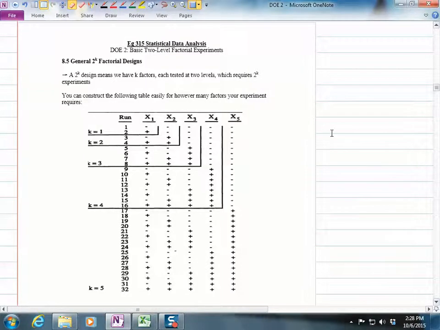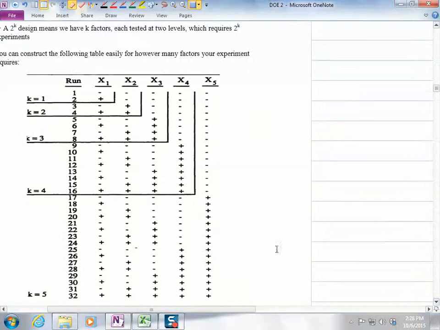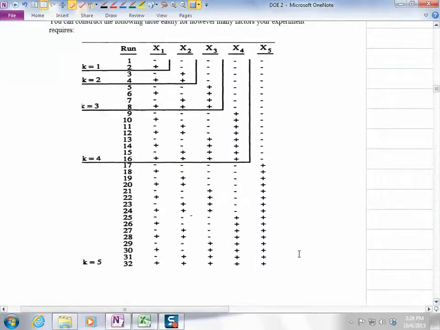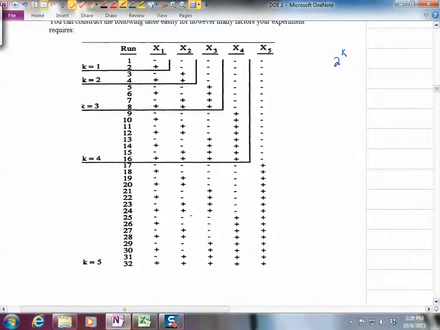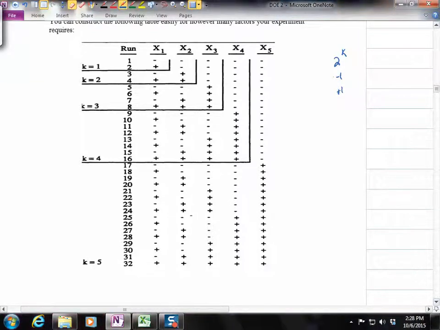Okay, so before we get into the analysis, just some rather mundane stuff: we have 2 to the k designs. So our designs come in these packets of 2, 4, 8, 16, 32 runs, and they are coded with the high value and the low value of each factor.